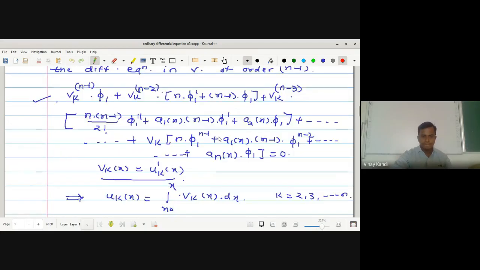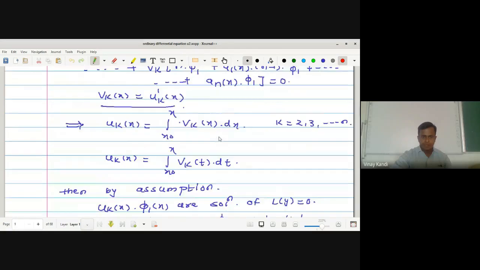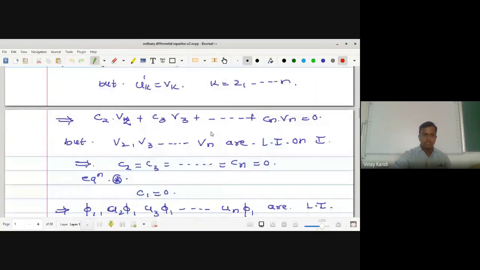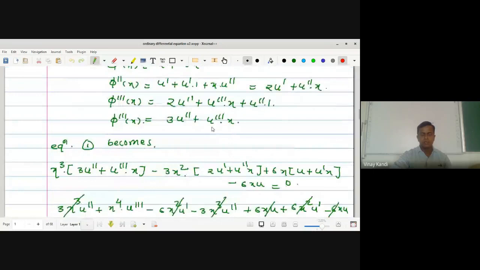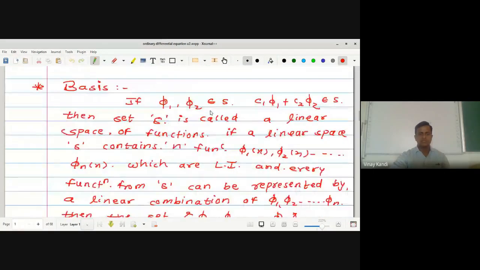कळते का? Okay, and the next point we saw was the basis. What is the basis? If phi 1, phi 2 belong to S and c1 phi 1 plus c2 phi 2 belongs to S, then the set S is called a linear space, that is, a vector space of functions.